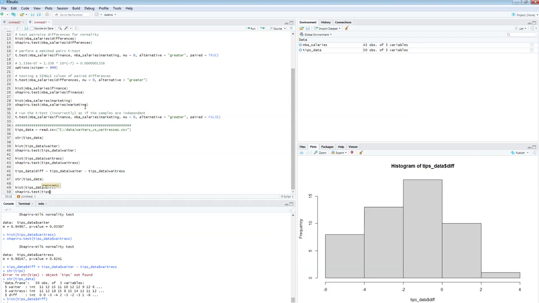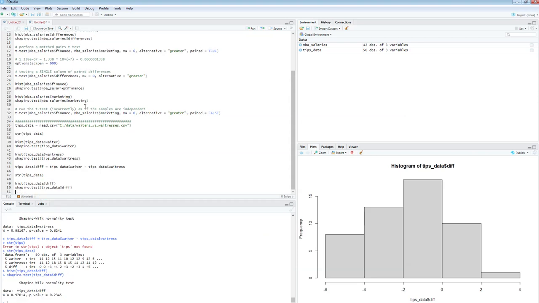Shapiro test tips data, column diff, and my p-value is 0.2345. It is higher than 0.05 standard p-value, so therefore I'm going to have to say that the data are statistically normal. Okay, and that's also an amazing result, right?